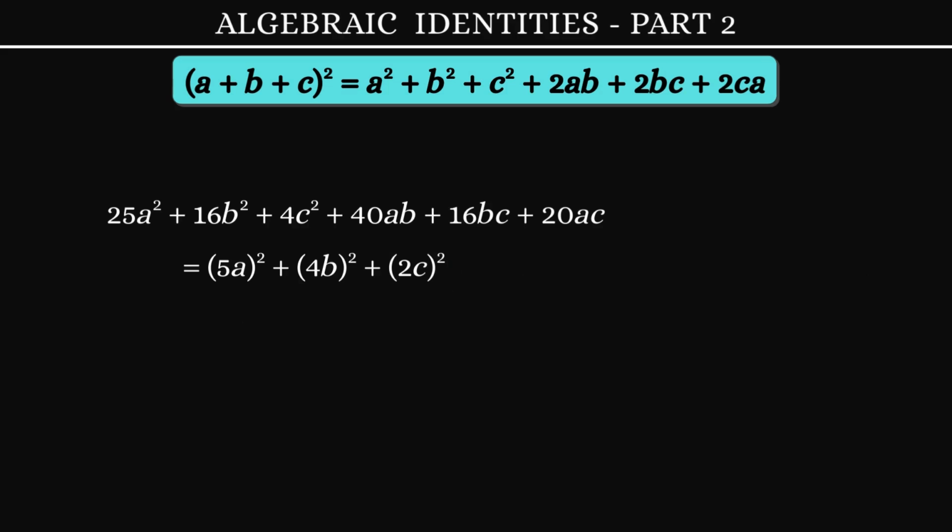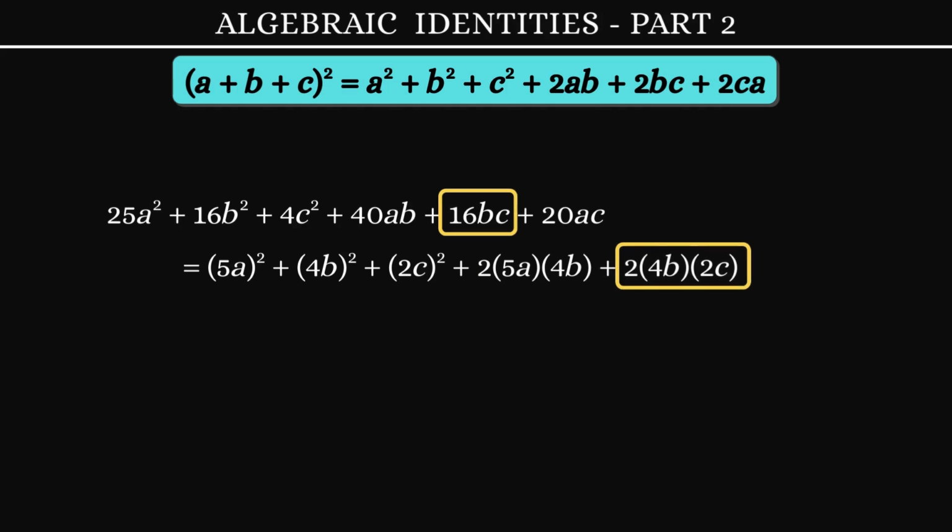Next, we'll try to write these terms as multiples of 5a, 4b and 2c. 40ab can be written as 2 into 5a into 4b. 16bc can be written as 2 into 4b into 2c.